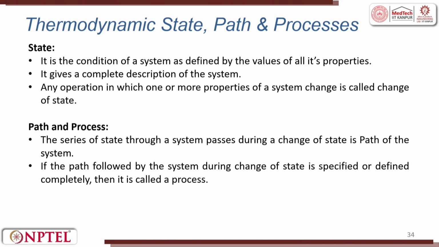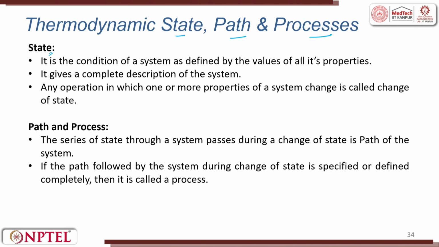Now, let us move into the other basic concepts: thermodynamic state, path, and processes. So, thermodynamic state is very important. Path and process is very important when you look at cycles and other things. So, let us understand what is a state. It is the condition of a system as defined by the values of all its properties.